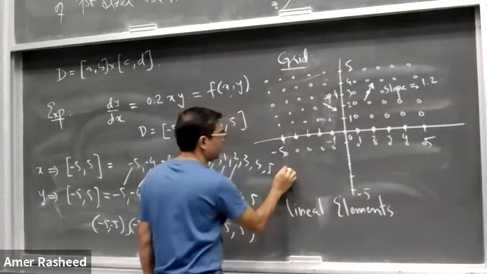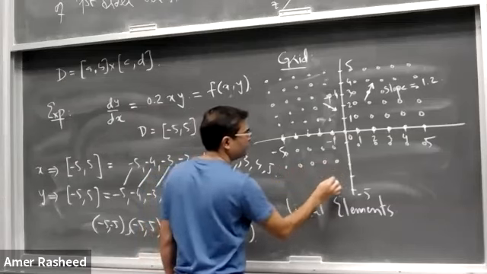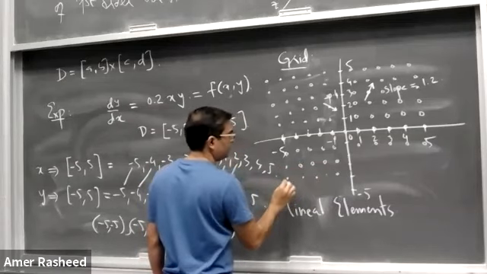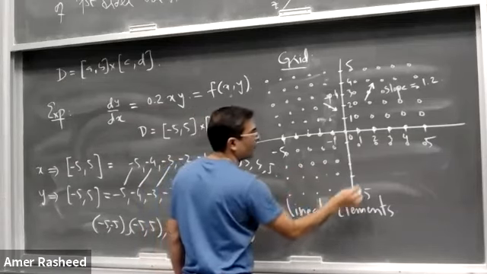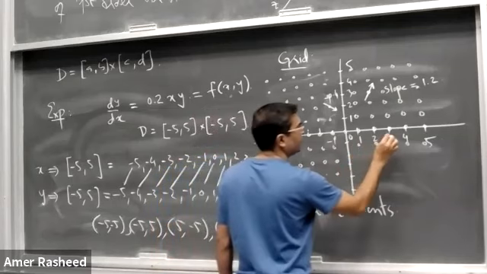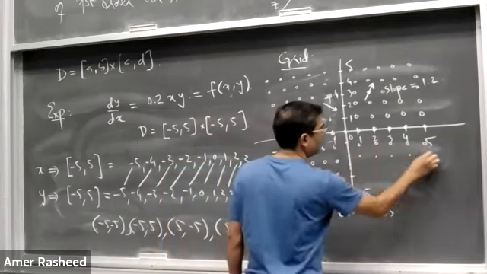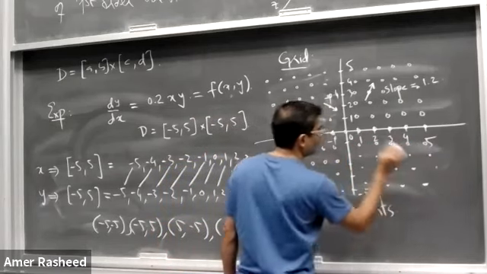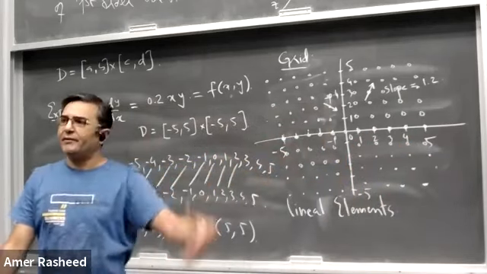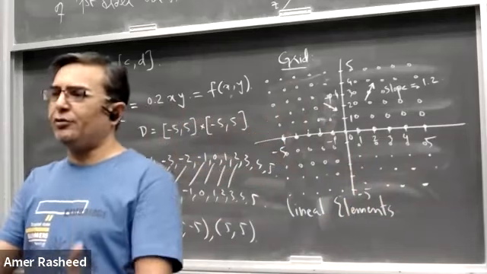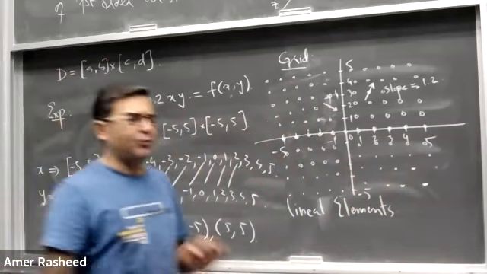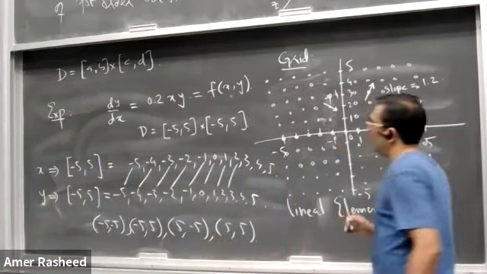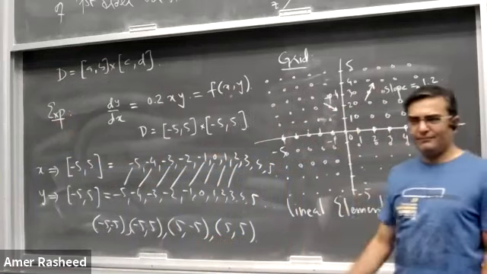So here also you have points. All these points make a grid of the given domain. Now at each grid point, you can compute a Lionel element.